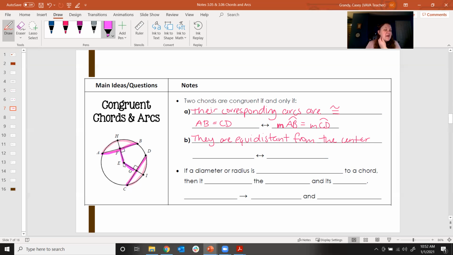And not only do EF and EG have to be congruent, but they have to make these perpendicular symbols. Okay, so these are now equidistant. If these are equidistant, then AB and CD are congruent. So I'm going to write the length of AB will equal the length of CD as long as EF equals EG.